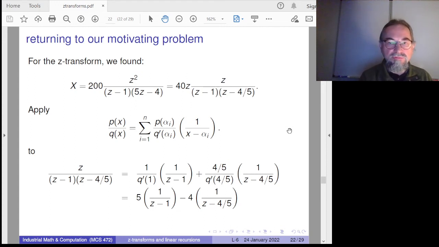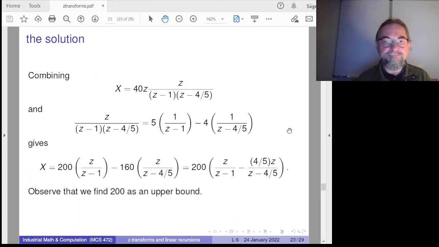So I can rewrite part of the z transform, and combining then, so I had isolated the 40 times z, and the partial fraction combination, then I find the z transform written as two components.